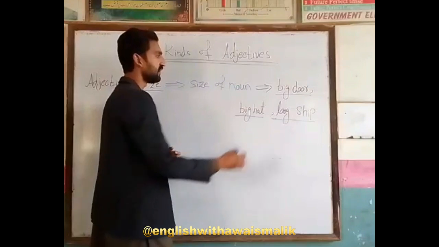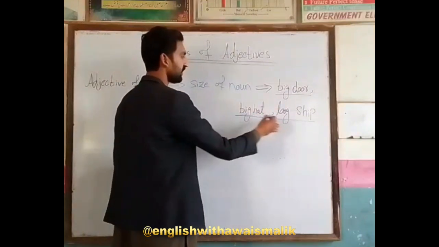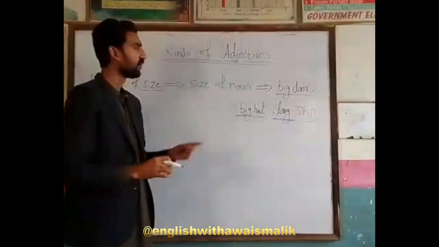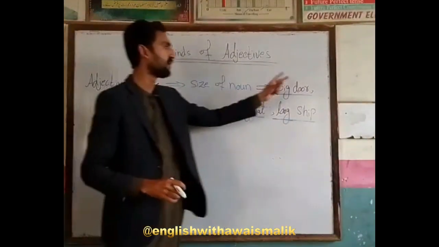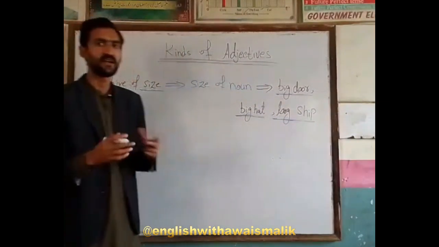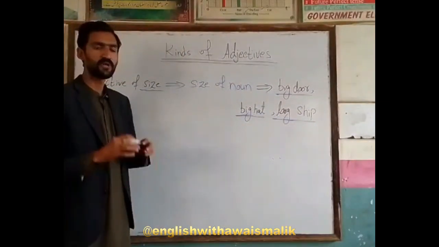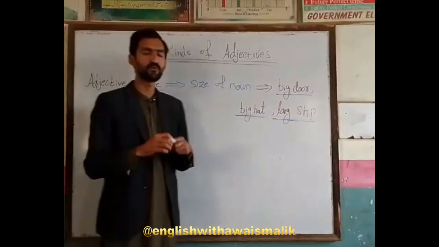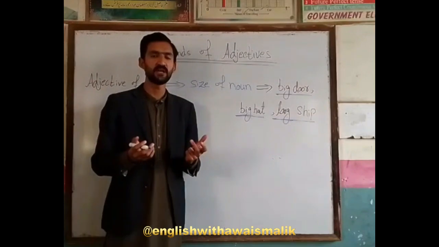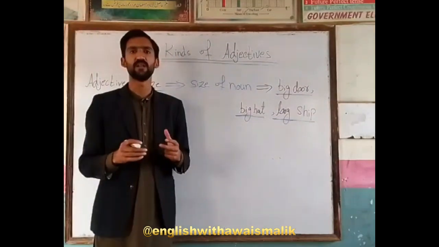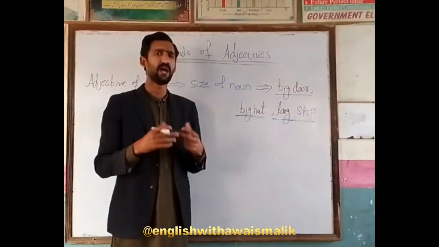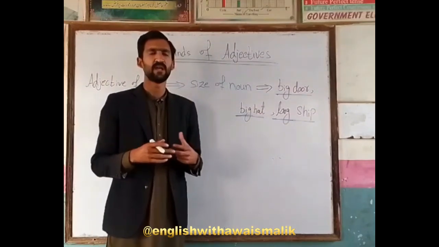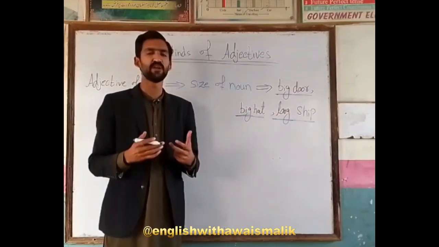These words, big and large, are the adjectives which show how large, how small and how huge a noun is. These kinds of adjectives are used while writing, speaking and reading as well.